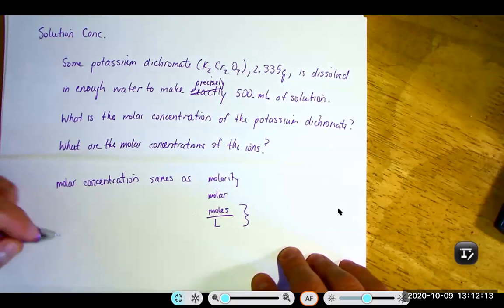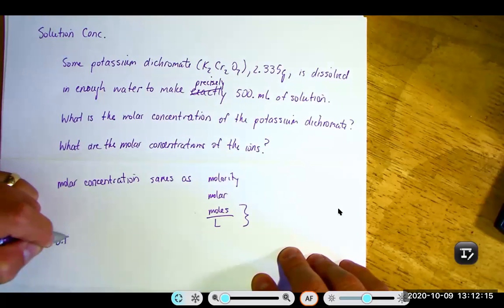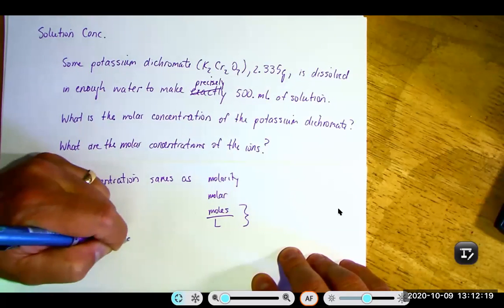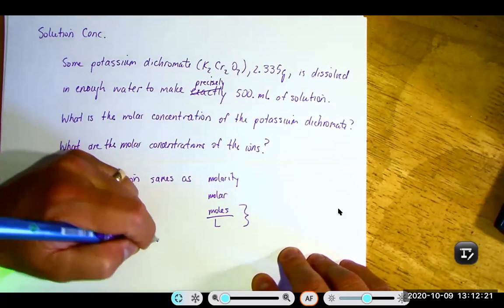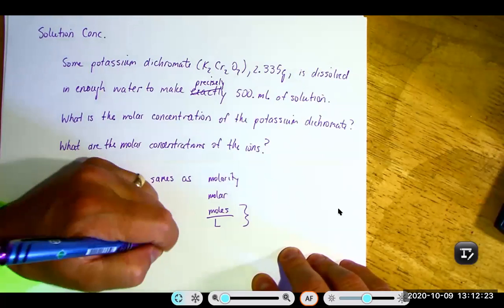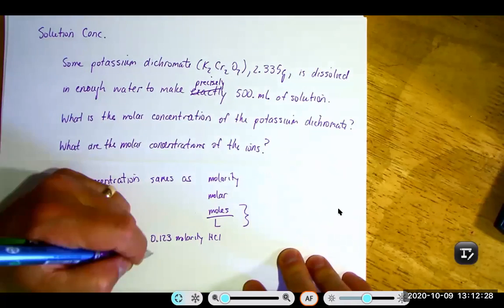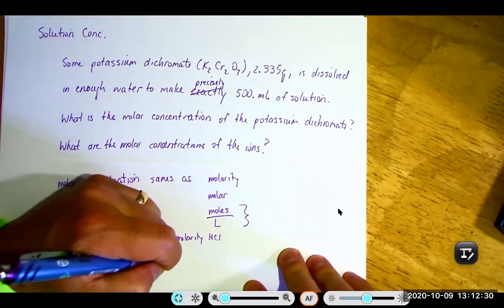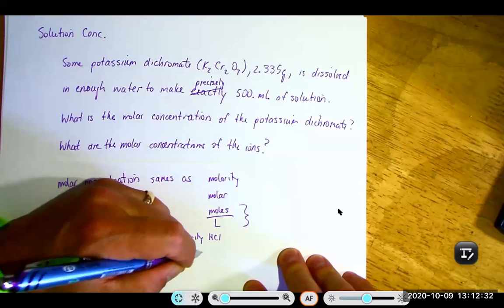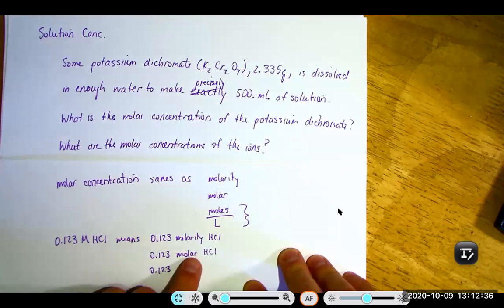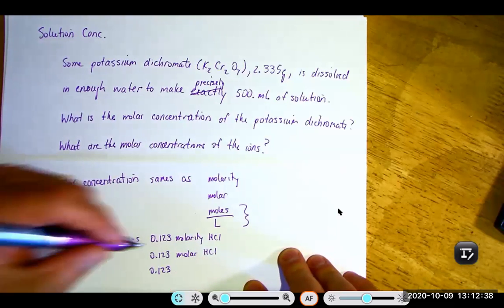So if we have a 0.123 molar HCl, that means we have a 0.123 molarity HCl, 0.123 molar HCl, and we even abbreviate it even more. Molar is an abbreviation of molarity.